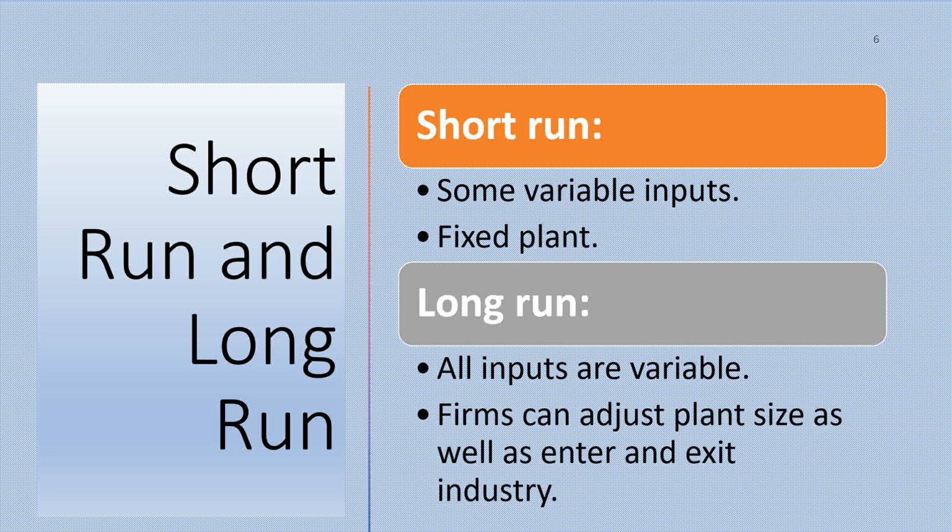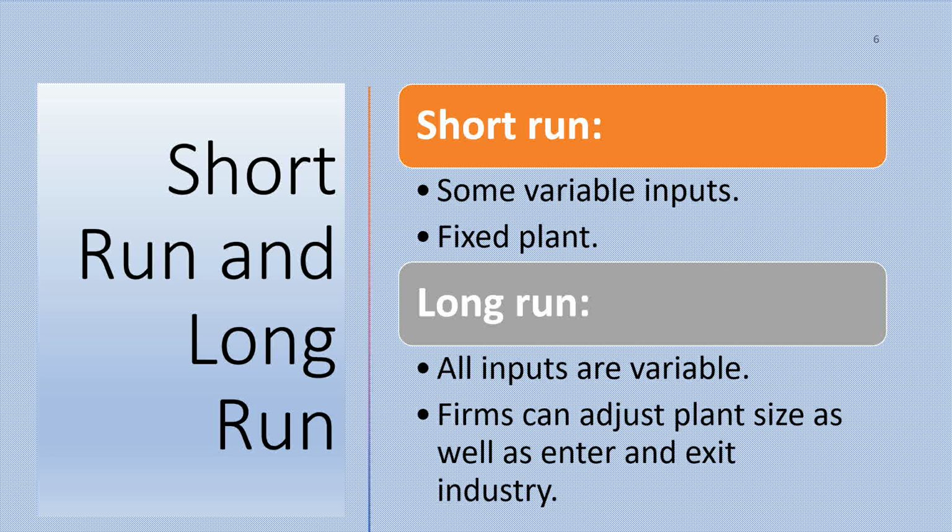Now, you can adjust your work level, perhaps even on a daily basis. In this country, it's not real easy to fire people. You've got to write up a letter and so forth. But for the moment, let's imagine that on a daily or weekly basis, we can adjust the number of workers in our plant.